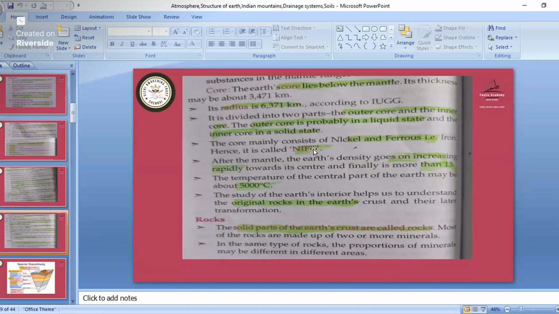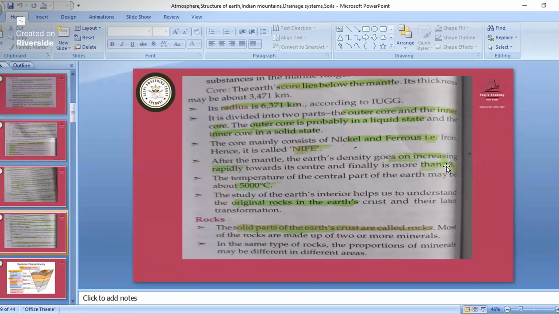So the core mainly consists of nickel and ferrous. You must know about this one. So crust is sial, mantle is sima, and core is Nife. After the mantle, the Earth's density goes on increasing rapidly towards its center, and finally is more than 13.